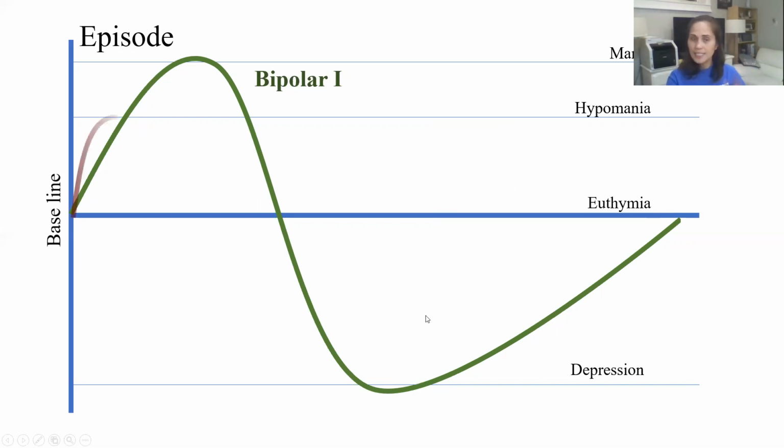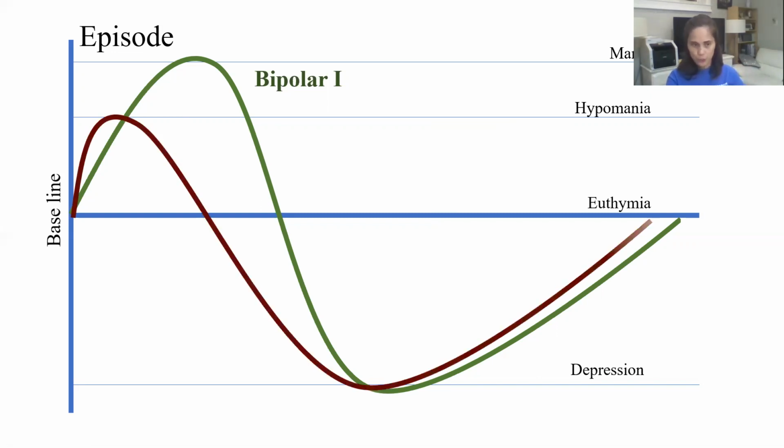The second episode is bipolar 2. It goes from the euthymia baseline up, not to mania, but only to hypomania, and then down to the bottom. You see the difference? Bipolar 1 goes up to mania, but bipolar 2 goes up only to hypomania. And they both go down to the bottom of depression and then back to normal.